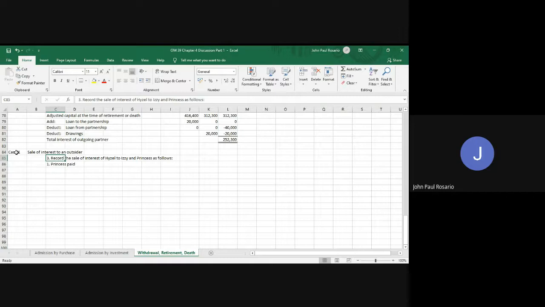The credit of interest of Hazel to Easy as follows. Easy paid the total interest of Hazel for 240,000. Or rather, 252,300.